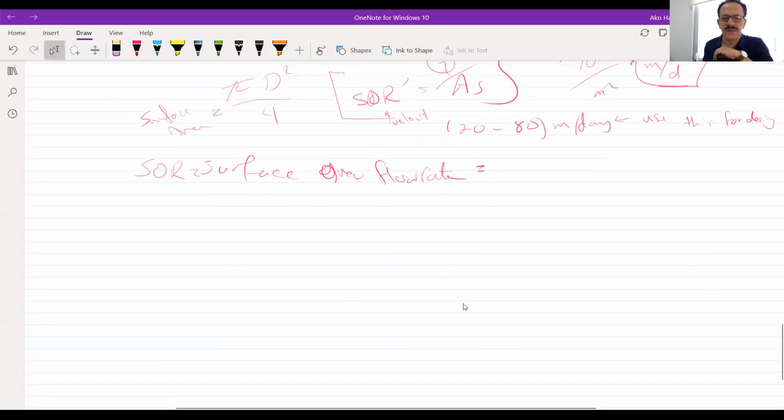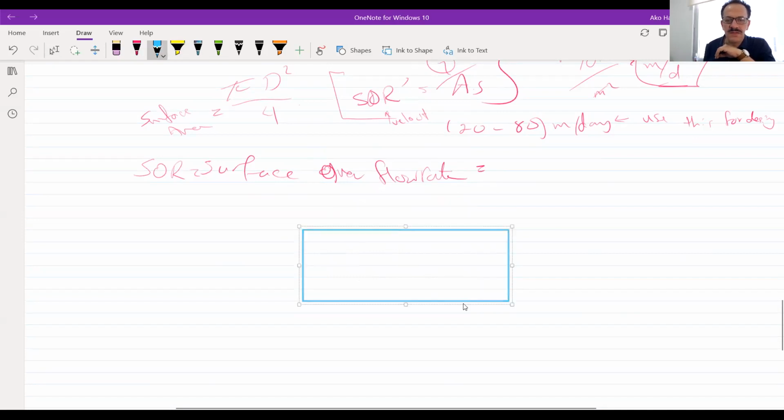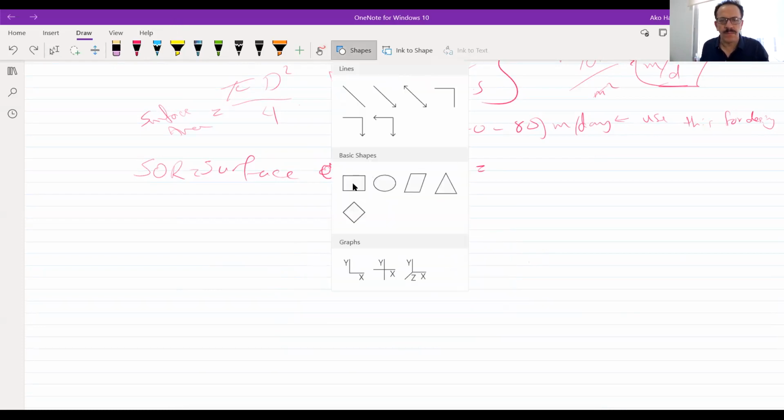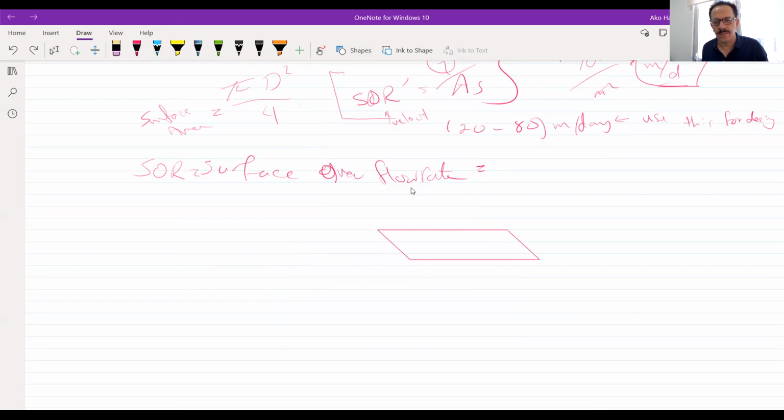While if I have a rectangular shape, what will happen? For a rectangular shape like this, there is a length L and a width. The water is coming inside this tank.